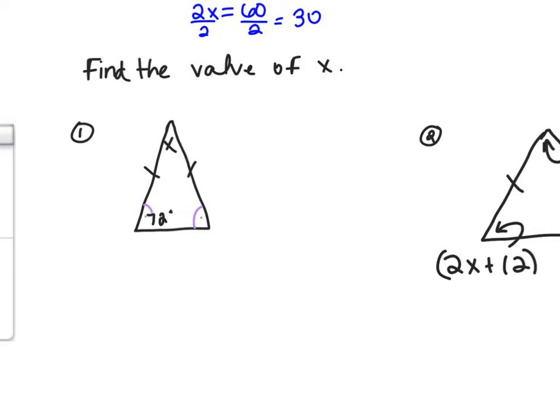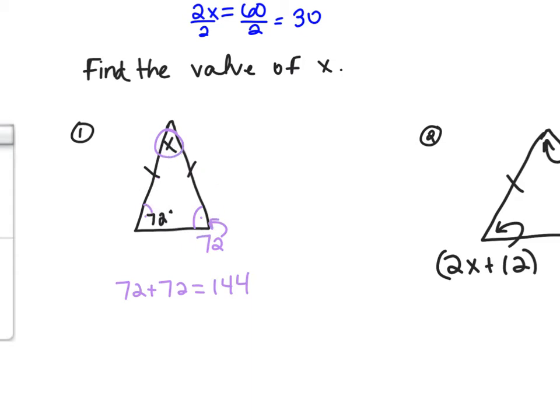If I know that this first angle is 72, my second angle also has to be 72, and then now I just need to solve for x, right? I can say that 72 plus 72 is 144, so that's 144 degrees being used right here, and an entire triangle has 180, okay?